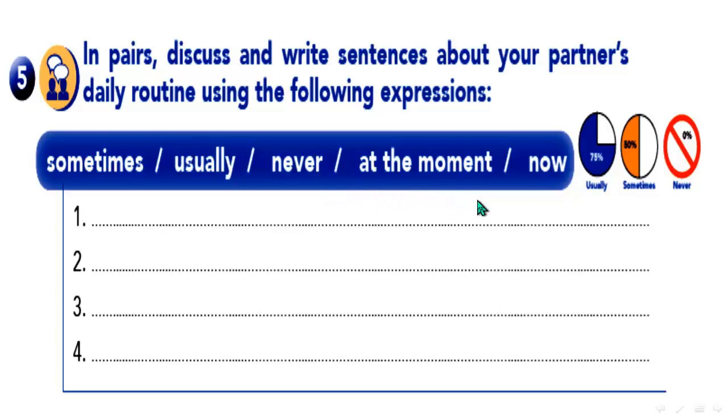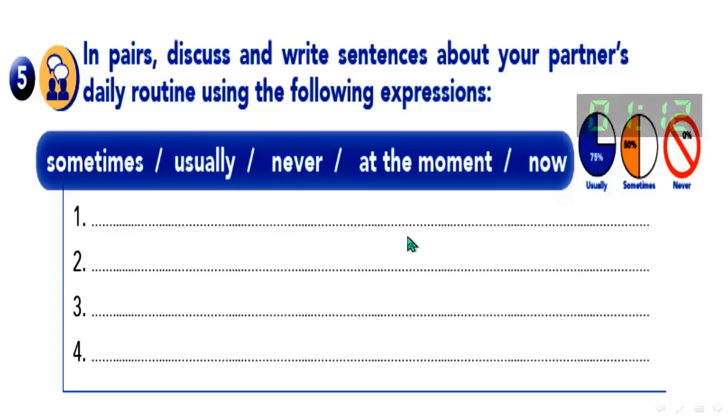We are going to write sentences about our friends' daily routines, and we should use these expressions in our sentences. Let's think and try to form sentences in present simple.